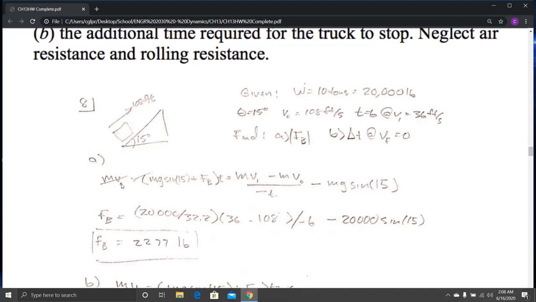Essentially, it's an initial momentum plus the integral of force, and now the force working in the opposite direction that the truck is traveling, or the opposite direction of the momentum, is going to be the weight in the x direction plus the braking force.